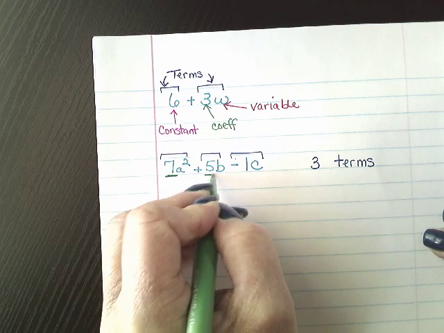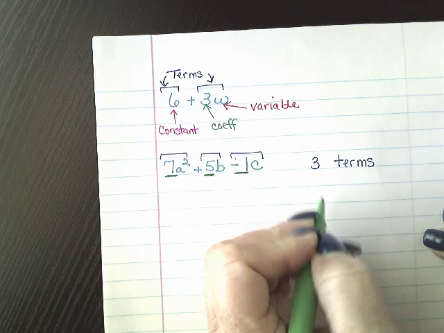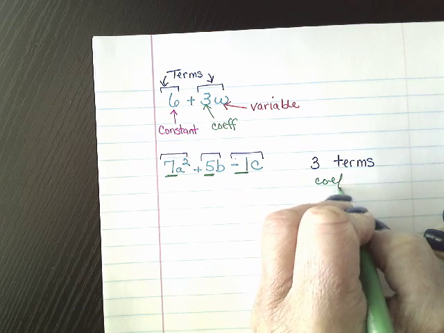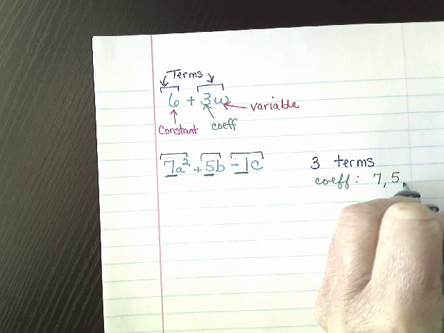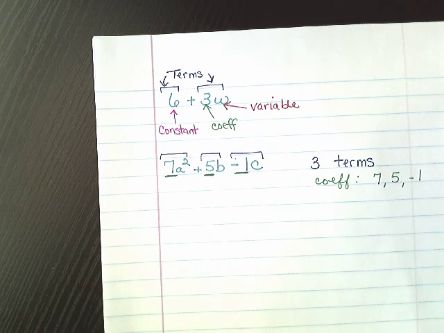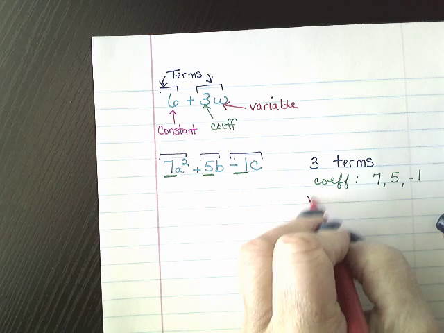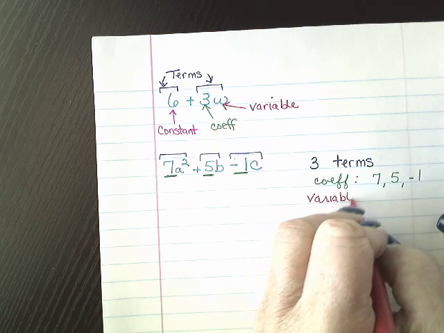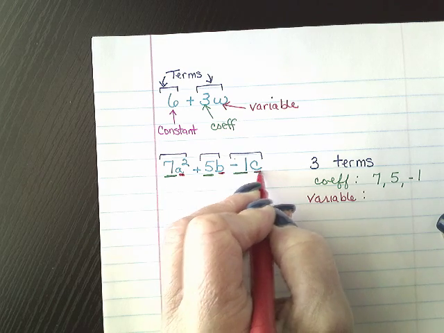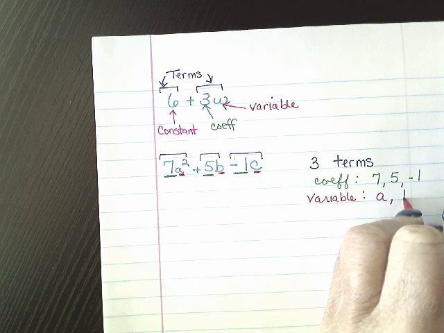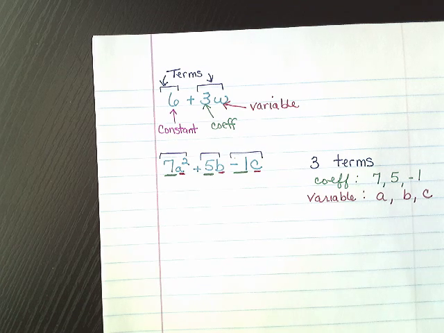We have 7, 5, and -1. Coefficients are the ones that are attached to the variable. And how many variables do we have? We have 1, 2, 3. So we have a, b, c. So we have 3 variables.